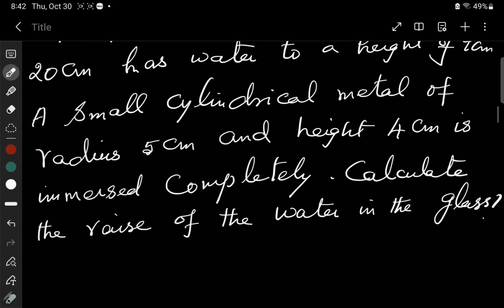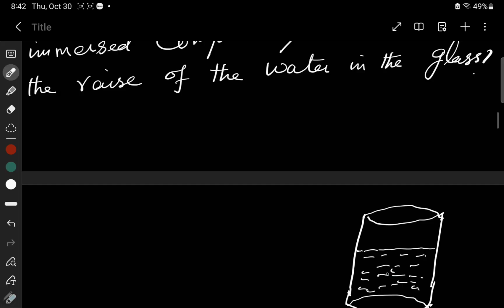We have the small cylindrical metal, solid metal, small cylinder. I dipped this small cylinder into the glass of water, so that the level of water rises in the cylindrical glass. The raised water level depends upon the volume of the metal cylinder. The question is, find the rise of the water in the glass.